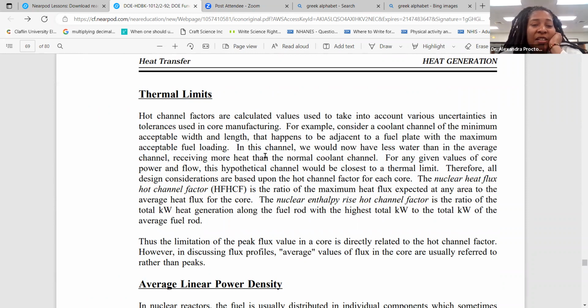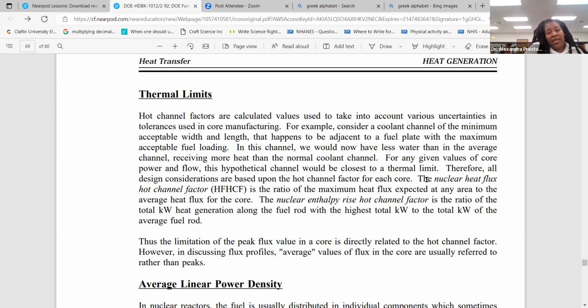Thermal limits. Hot channel factors are calculated values used to take into account various uncertainties and tolerances used in core manufacturing. For example, consider a coolant channel of the maximum acceptable width and length that happens to be adjacent to a fuel plate with the maximum acceptable fuel loading. In this channel, you'll have less water than in the average channel, receiving more heat than the normal coolant channel.